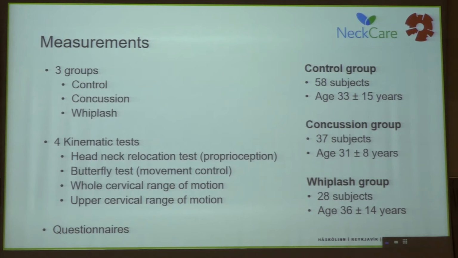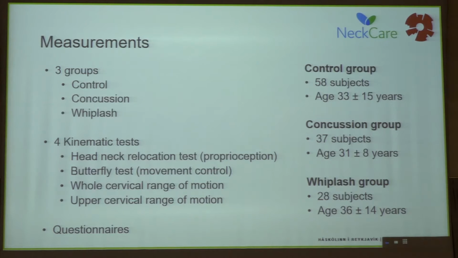We assess these variables for each set. We had three groups in our study: a control group, a concussion group, and a whiplash group. They carried out these four kinematic tests in conjunction with questionnaires about how they were feeling.